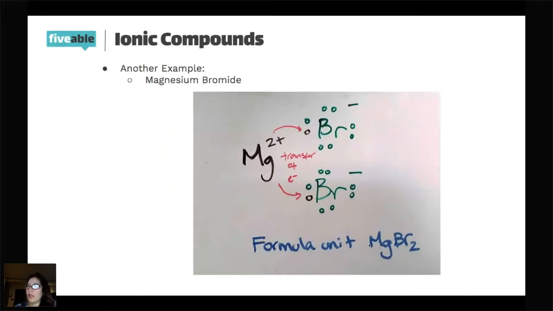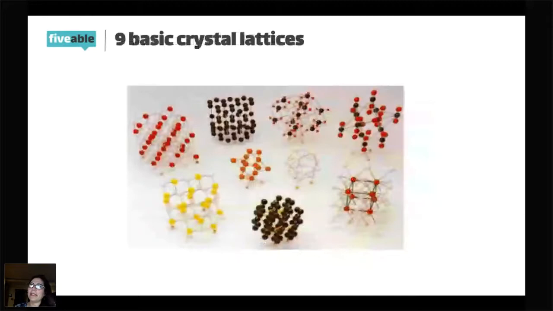Remember that the formula unit is just the ratio, but you have millions and millions of atoms combining or having this relationship to each other. So there is a transfer of 2 electrons from magnesium, gaining a 2+ charge. The bromides are accepting these electrons, gaining a negative charge. One thing to consider is that they will be very distinct crystal lattices, and this depends on the ratio in which they combine.